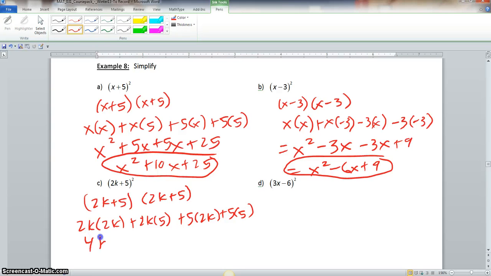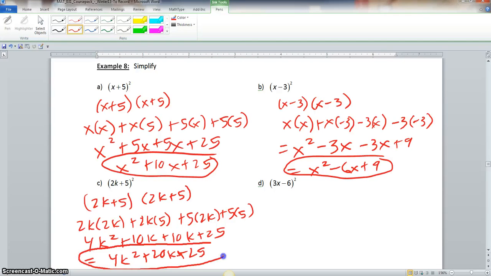So this will give you 4k squared plus 10k plus 10k plus 25. Now when we combine like terms here, we will have 4k squared plus 20k plus 25. And that is our final answer.